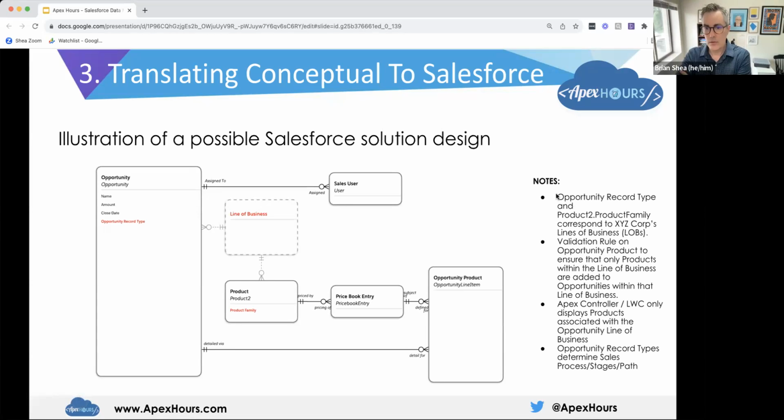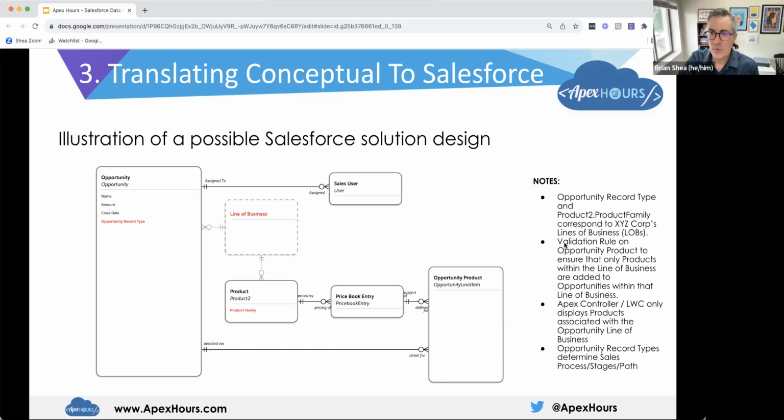Additional items that we would want to build to enforce referential integrity between our line of business and our opportunity and our product. The first one I mentioned, we've got opportunity record type and product family that corresponds to our line of business.